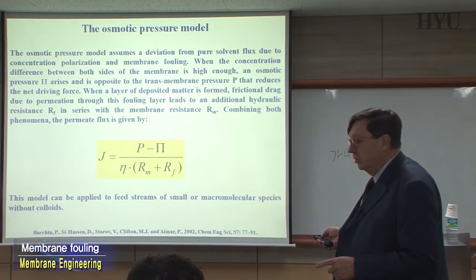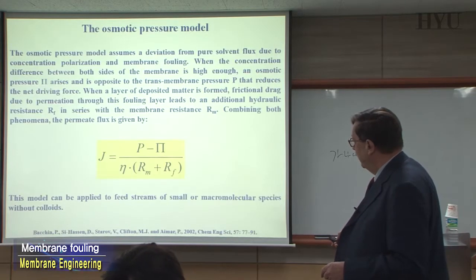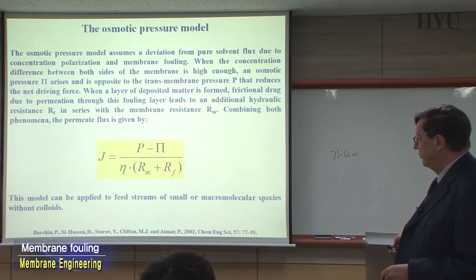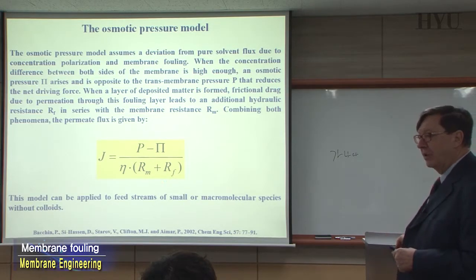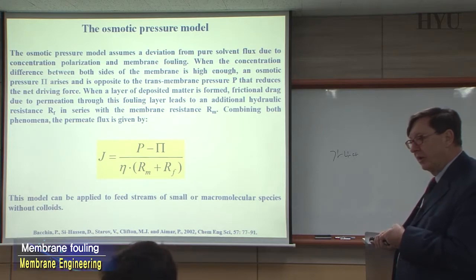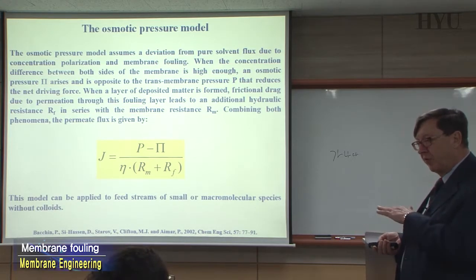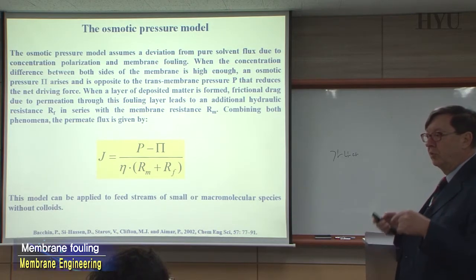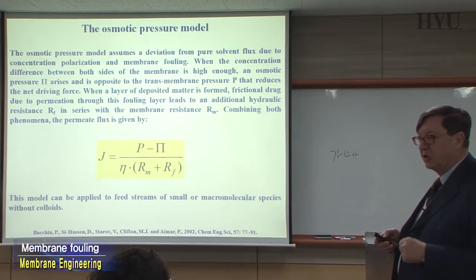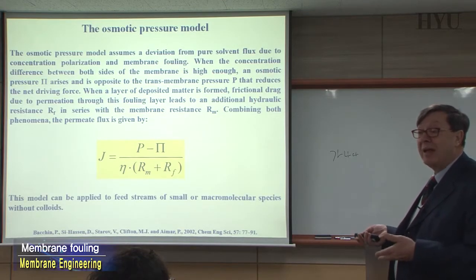This is not true. What you have to consider in your system is that when you have the formation of some additional resistance on the membrane surface, that we call resistance related to fouling, this resistance can also induce some osmotic phenomena, because the additional membrane you are forming on the surface can change the behavior of your system from ultrafiltration, microfiltration to, for example, nanofiltration.